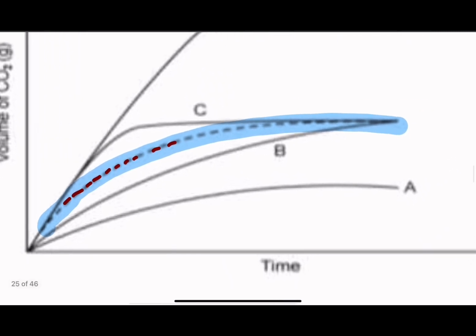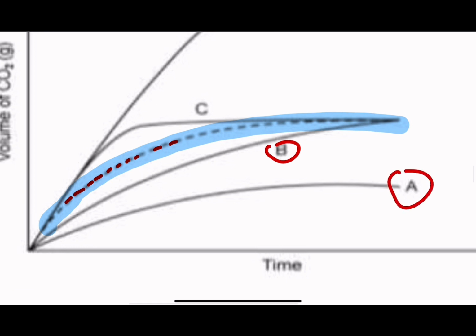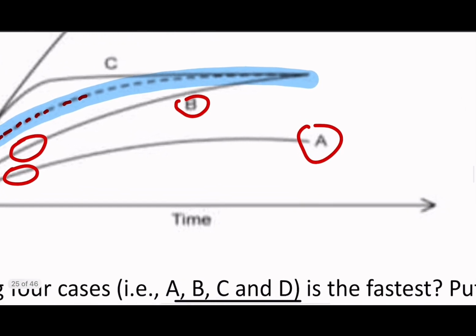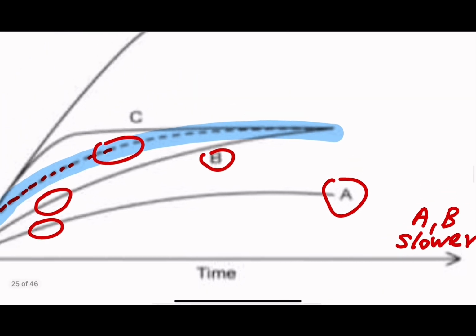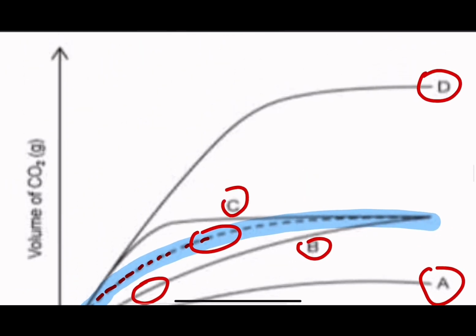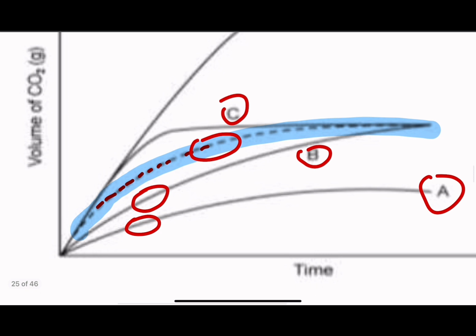As you see, A and B cases have a smaller slope, meaning that A and B are slower than the dotted line. But as you see, C and D have a higher slope, meaning C and D are faster than the dotted line.